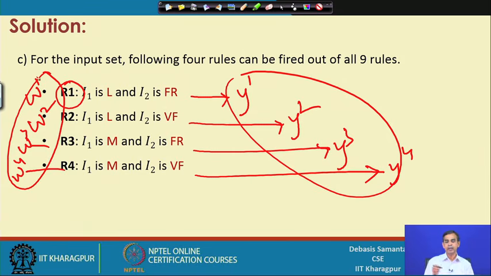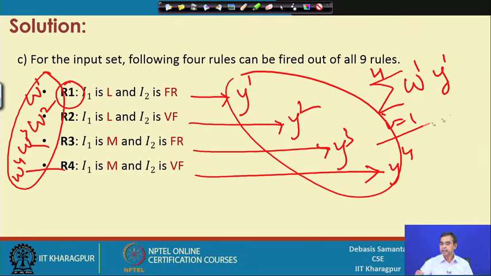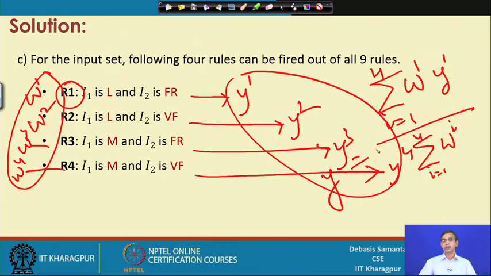Once we have these values, then we can calculate the summation of W i times Y i, where i equals 1 to 4, as the numerator, divided by the summation of W i, i equals 1 to 4. This will give you the final output according to the Takagi-Sugeno approach.